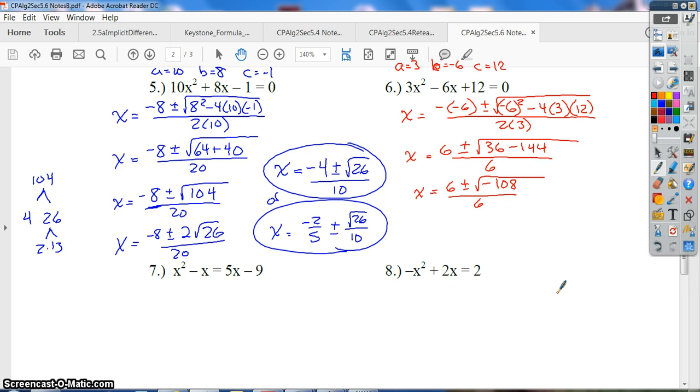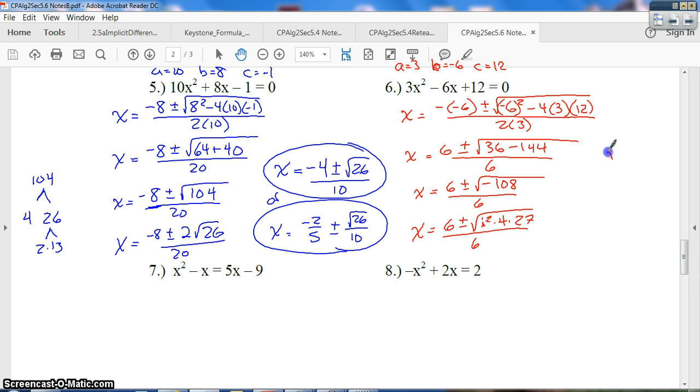108 is divisible by 4. We'll have 6 plus or minus the square root of i squared times 4 times 27. We're going to have to break this down again. So, sorry for the extra couple steps here, but that's the way it goes. 27 is 9 times 3.